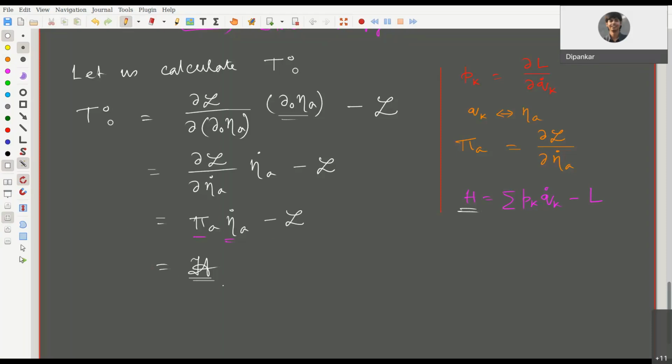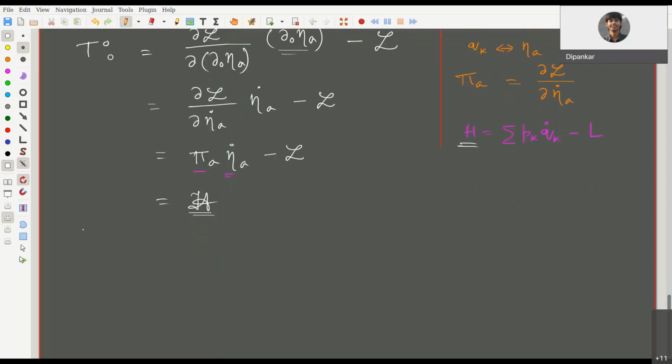That's why we say that the 0, 0 component of the stress energy tensor, T00, is basically the total energy density, in this sense of drawing a parallel from our knowledge of discrete mechanics.